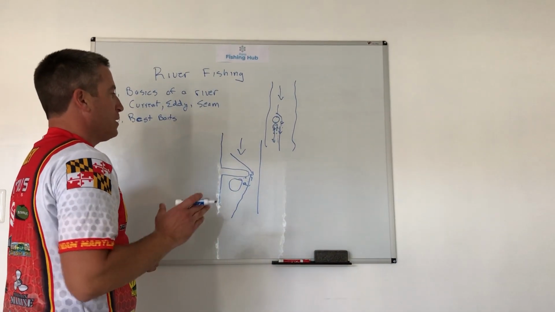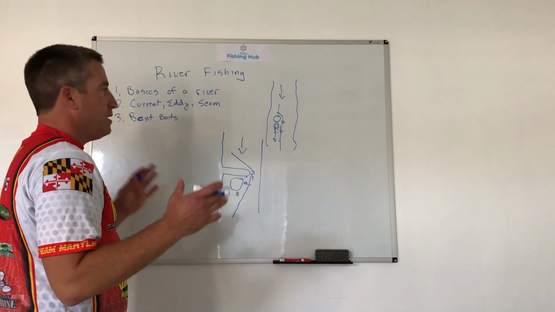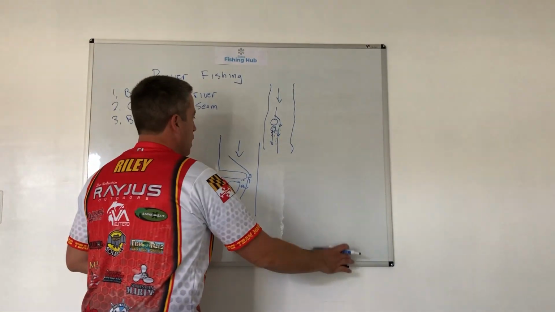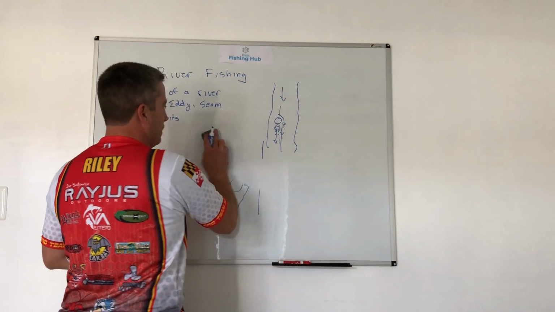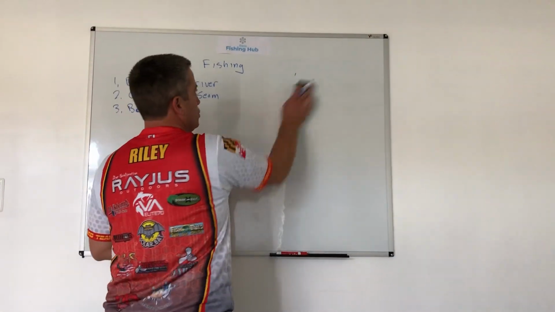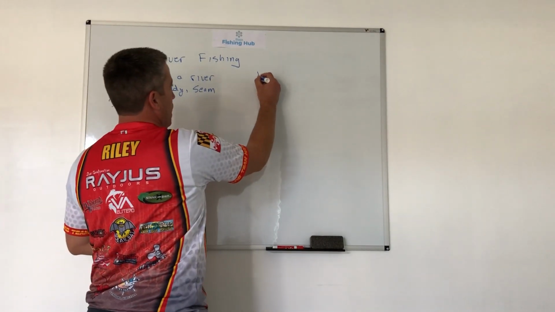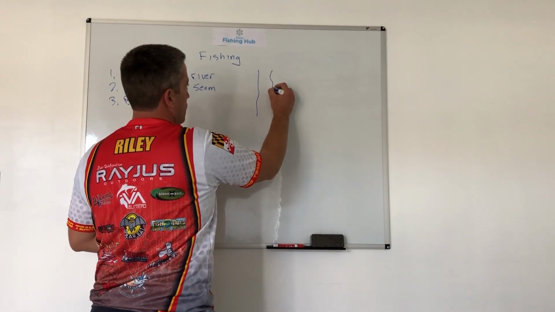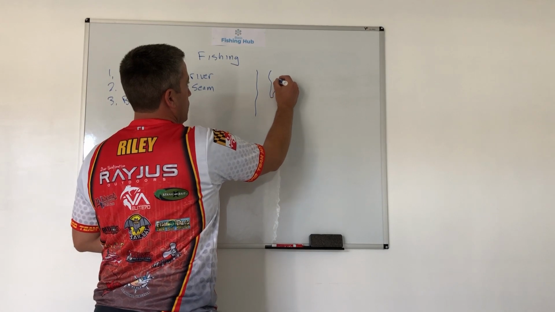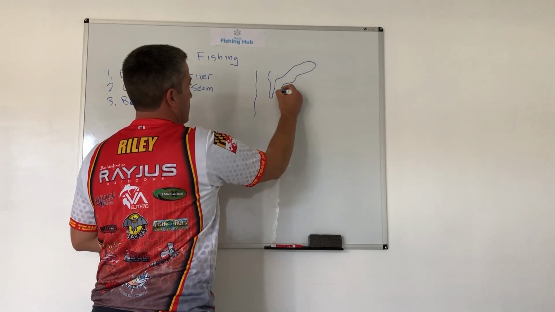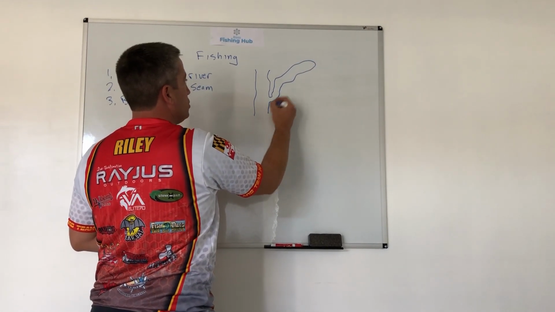Very, very important when you look at rivers is to watch the natural current of it. I love fishing rivers, guys, and what you'll notice also in river systems like the Mississippi is that you'll have a main river section, and then you'll have backwater areas that drain into it.